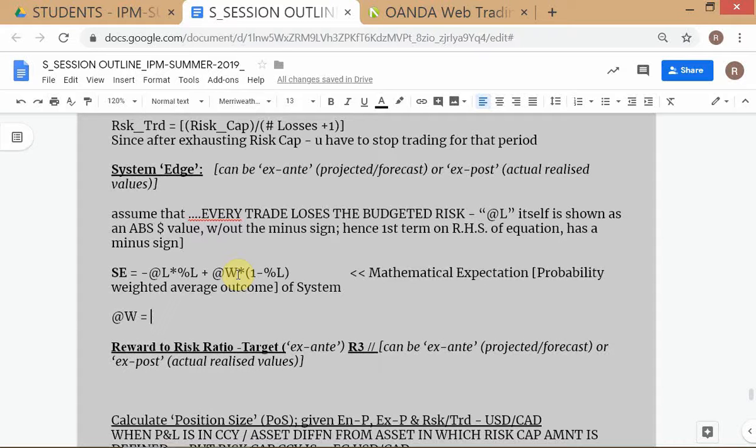R3 divided by? No, I'm trying to compute average win. Based on your understanding of R3, can we write this? We don't have time, so I can't afford to make this interactive. Let's be more precise. What is R3? R3 is average win by average loss.